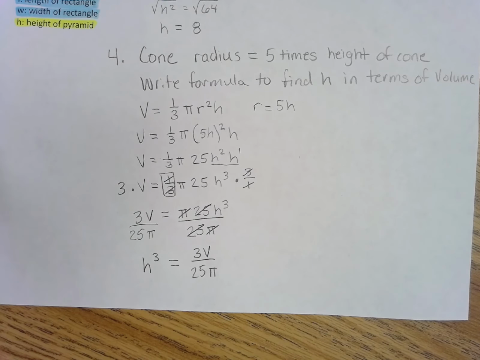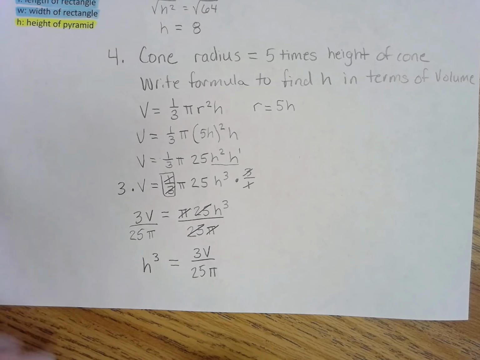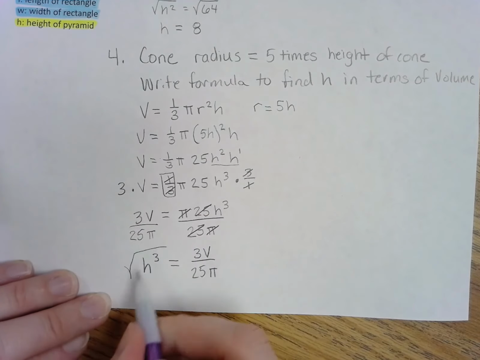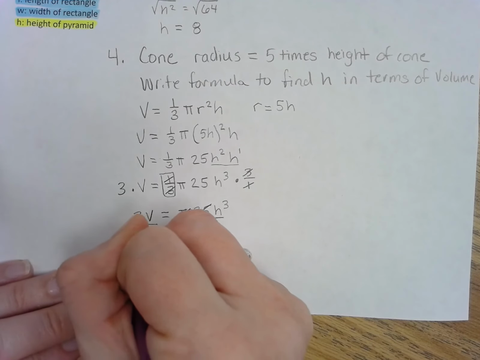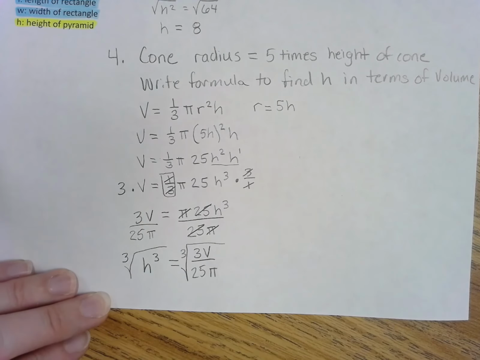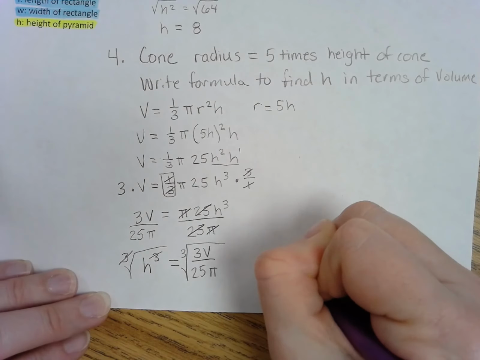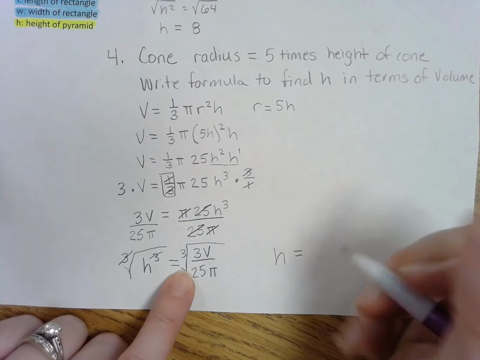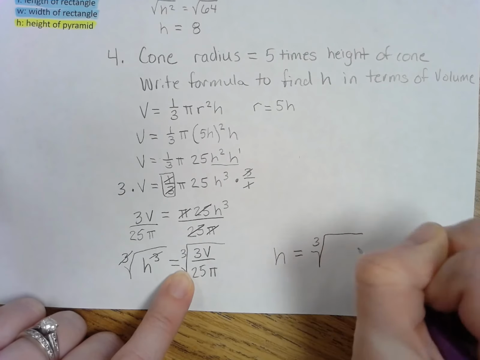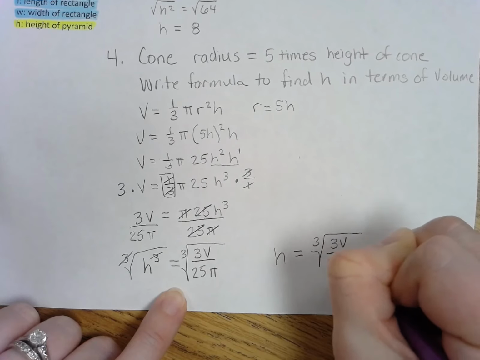You should have undone operations of squares by taking the square root, so it works a lot the same, but we have to think about our index number. In order to cancel that cubed power, we need a cube root. So we will do that on both sides. So this cube root and cubing cancel, leaving our h by itself. So h equals the cube root of 3v over 25 pi.